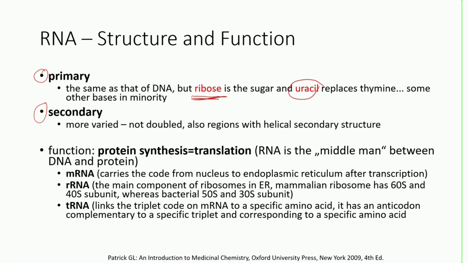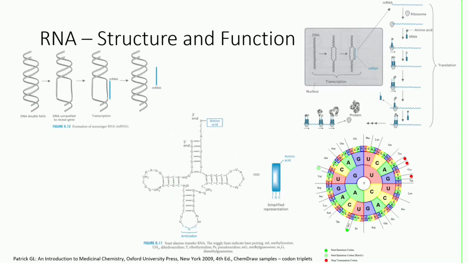The secondary structure can look different for different types of RNA, and we have three types, which is the messenger RNA, ribosomal RNA, and transfer RNA.